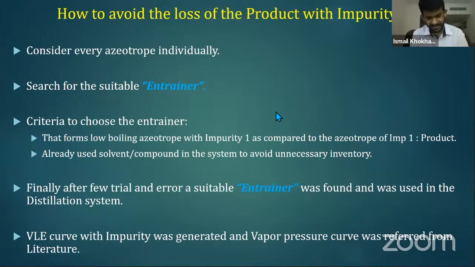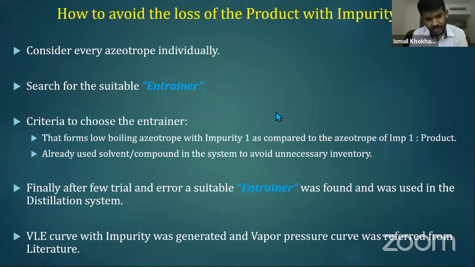Then the second criteria was that you cannot use any random solvent or compound. First, try to use similar compounds which are already used in the system as an entrainer. Since this was a four-step reaction, and this distillation was the first step, there were one or two solvents being used in the entire system.